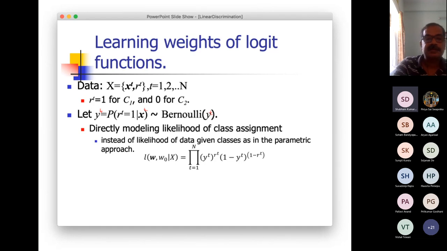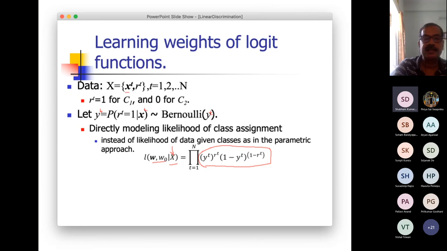So given the data, the likelihood of the parameters can be expressed in this form. For every sample, either yt or 1 minus yt remains, and it's the product of all these terms given X consists of n samples.